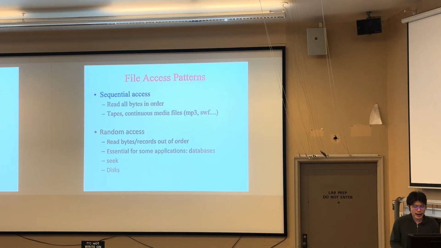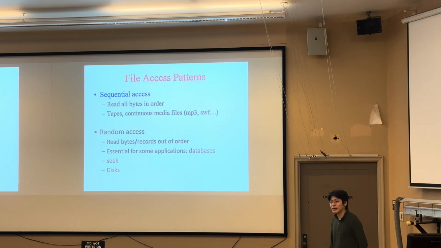The other is random access. You read bytes and records out of order. What it really means is that you can provide a position when you are trying to access the file, and the API directly returns the data at the specified position.